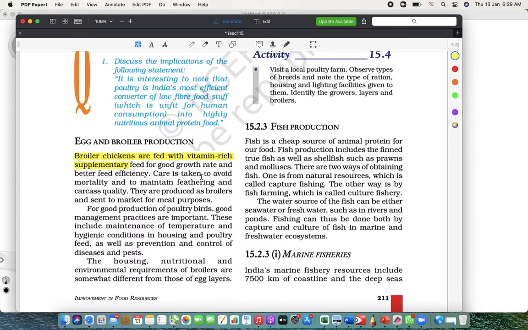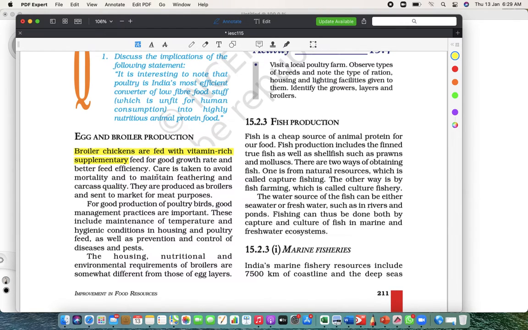Feed efficiency means they can eat properly, survive properly and be healthy, because those chickens are eaten. That is the reason they should be fed properly. Care is taken to avoid maturity and to maintain feathering.